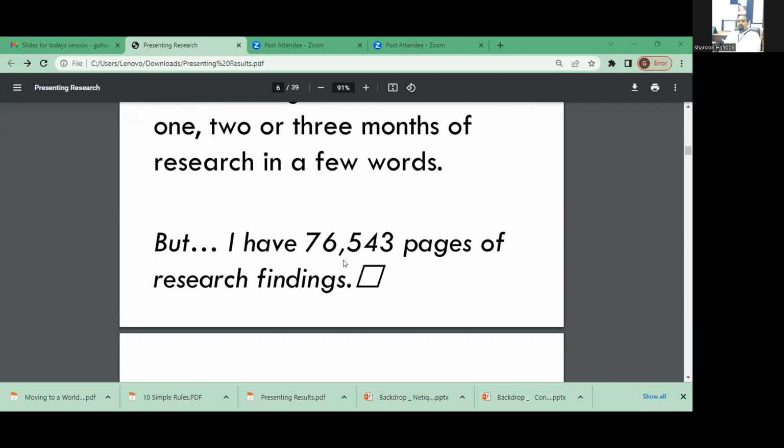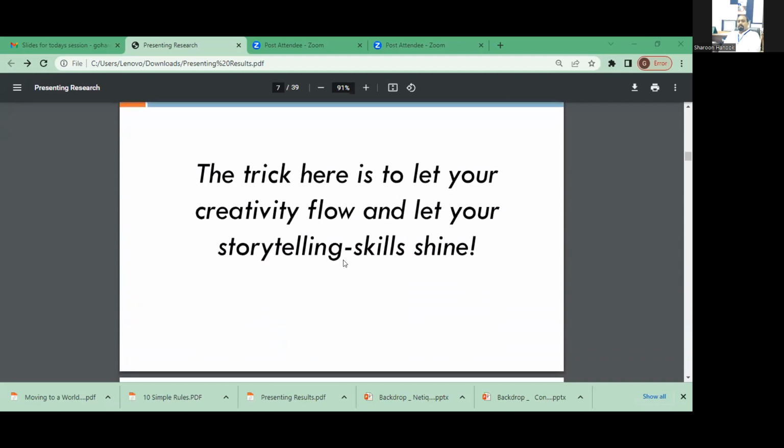Can you go to the next slide, please? Now, the trick here is to let your creativity flow and let your storytelling skills shine. As a researcher, when we are reporting research, we don't really act as the scientist that we generally know of. Please know this, good scientific writers are good storytellers as well.